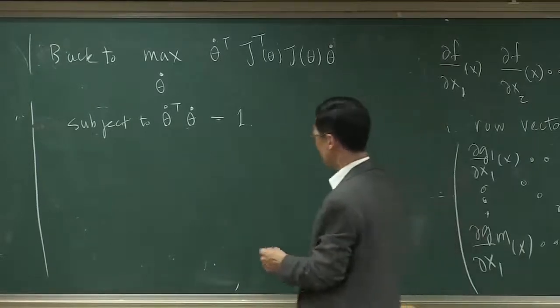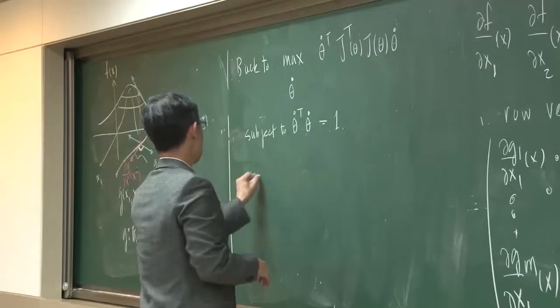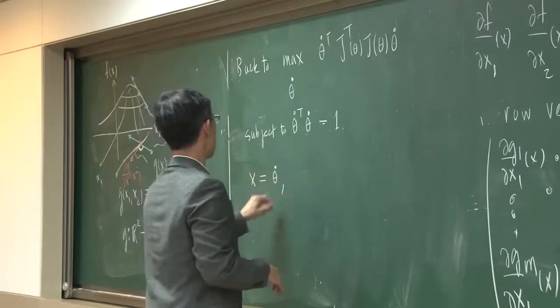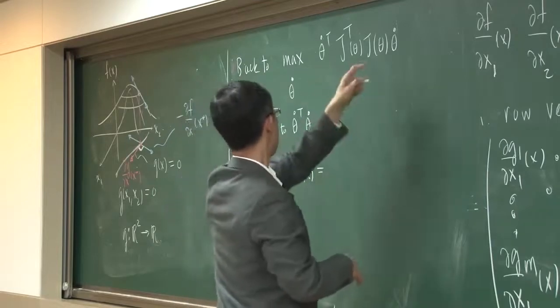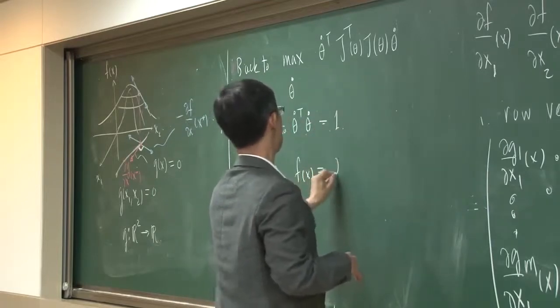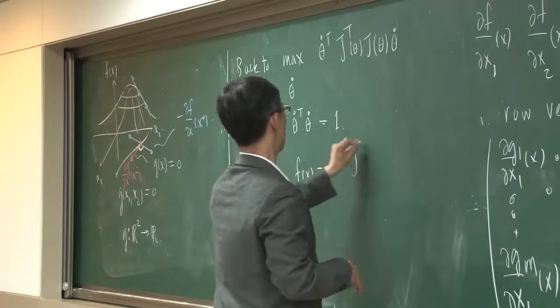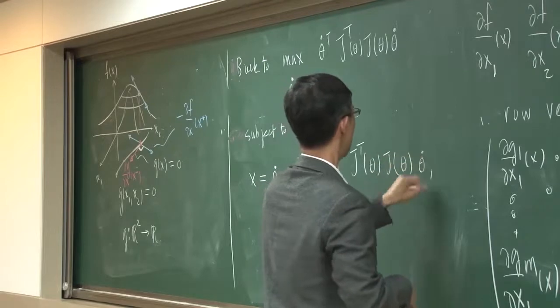If we want to map this to our original formulation, x here becomes theta dot. f of x is this. Let's write it. It's that.